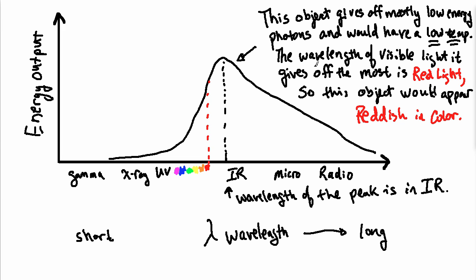I'm going to make that point again. While this object's peak wavelength is occurring at infrared light, the wavelength of visible light that it gives off most is red light, and therefore the object would appear reddish in color. So I'll just draw this little red object here to say this could be the light curve of that red object.